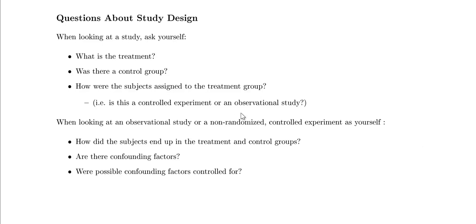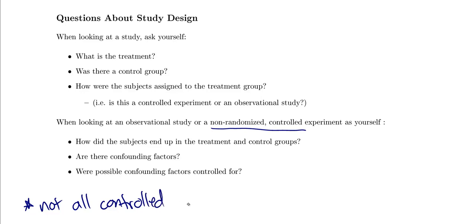So I realize this might seem slightly strange when we look at the non-randomized controlled experiment, because I don't think we've specifically mentioned that not all controlled experiments are randomized.